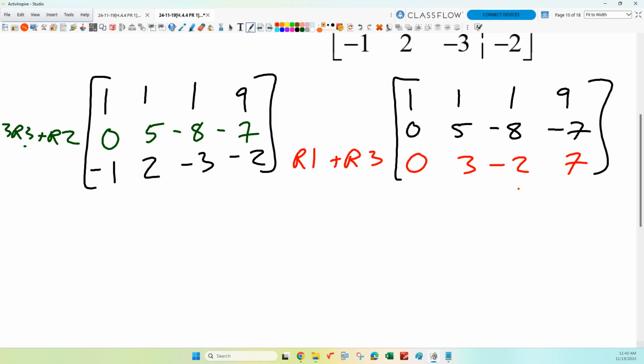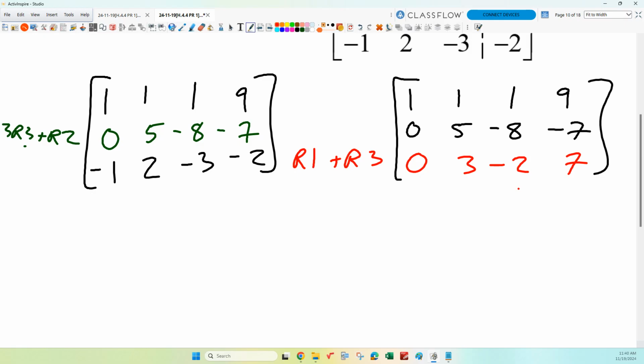Okay. So now, what are the ways to do that? There are a couple ways to accomplish this. But the easiest way, we don't want to use row 1 because row 1 has a 1 there, which is a problem for us, right? I need to somehow just use rows 2 and 3. So how could I get a 0 there using rows 2 and 3?